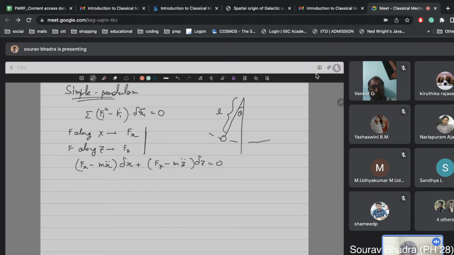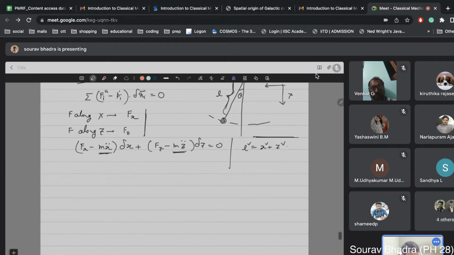So x double dot is the acceleration along the x direction, and z double dot is the acceleration along the z direction. Now there is a constraint in this particular system: the length of the pendulum. Suppose everything is massless, for simplicity. So L squared is x squared plus z squared, the length of the pendulum with x and z directions.